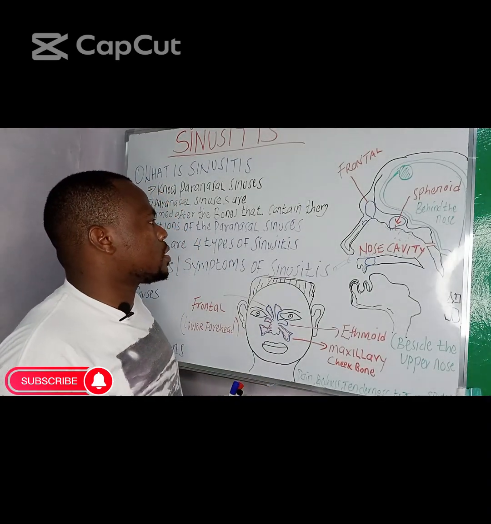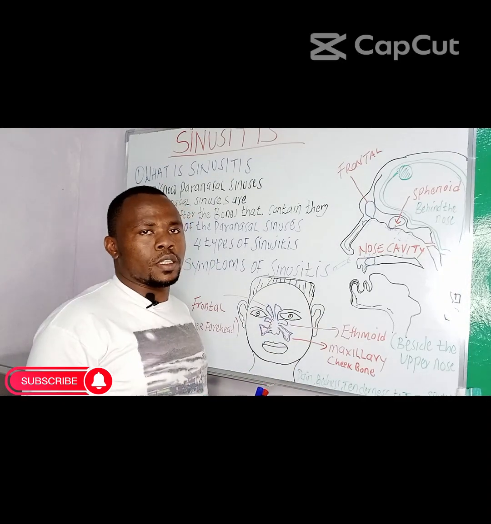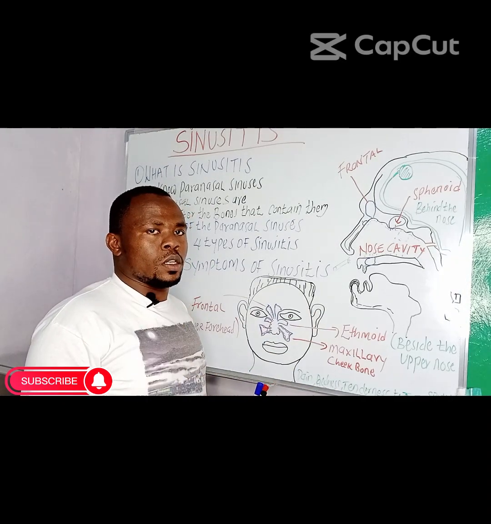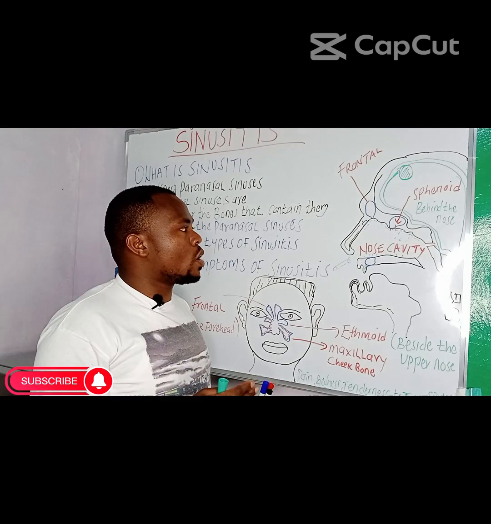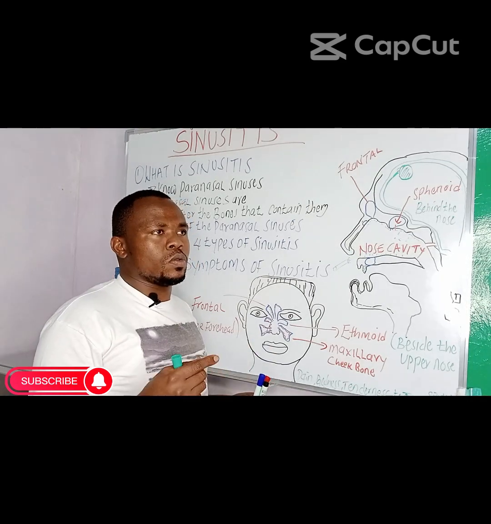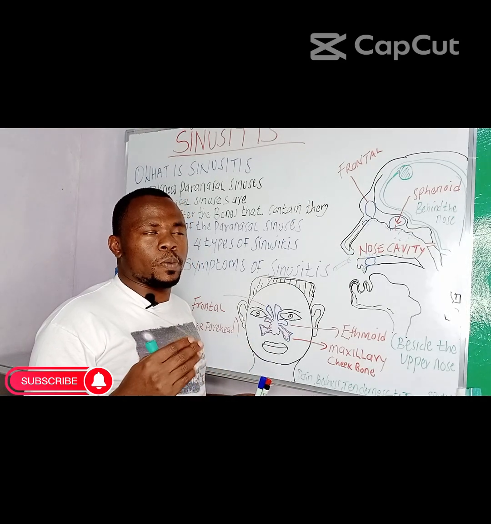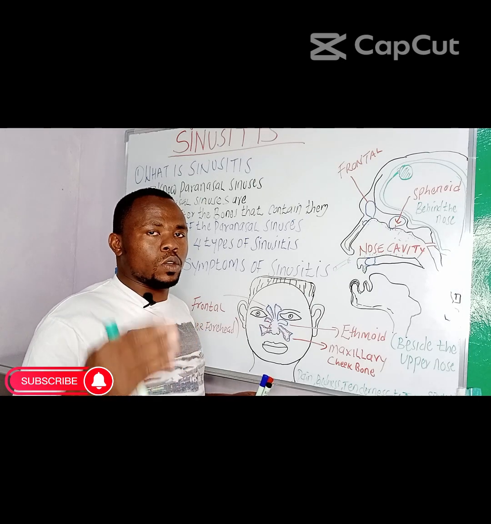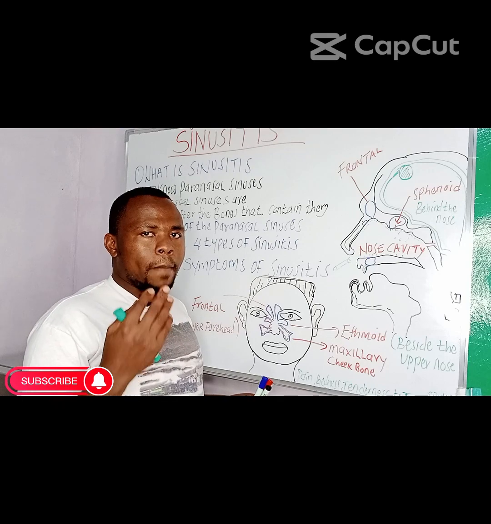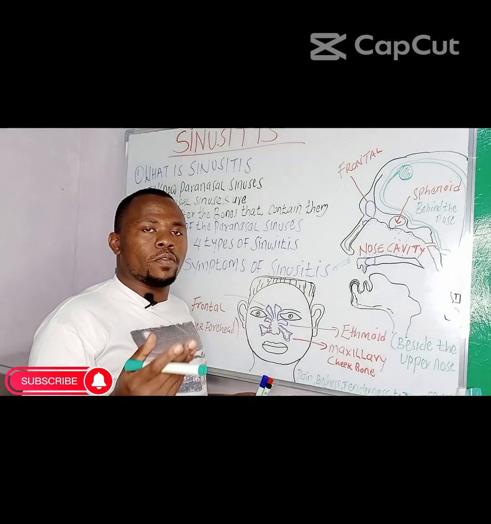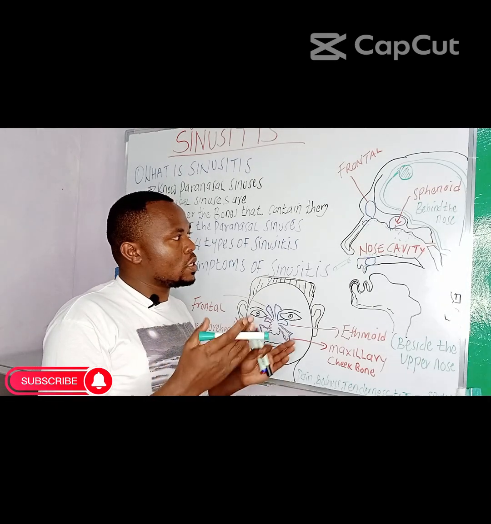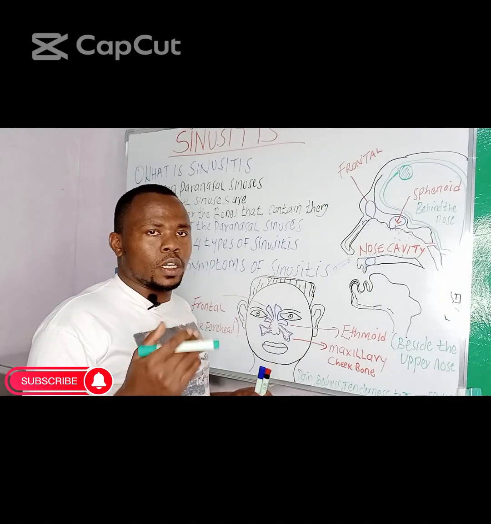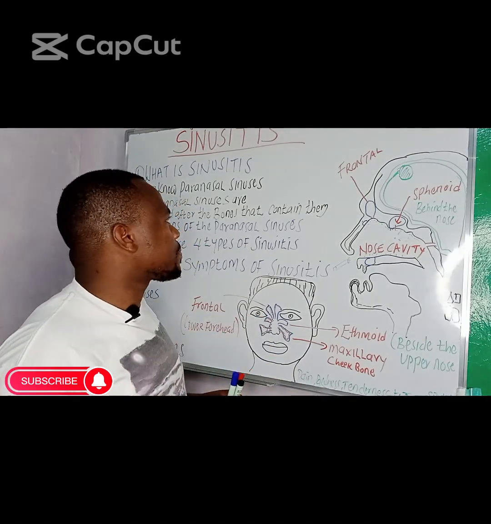Another function is that they usually increase the resonance in your speech. When you have sinusitis, you usually have a speech that sounds like it is coming from the nose. You hear people say he is talking through the nose. That is the cause of that nasal speech.